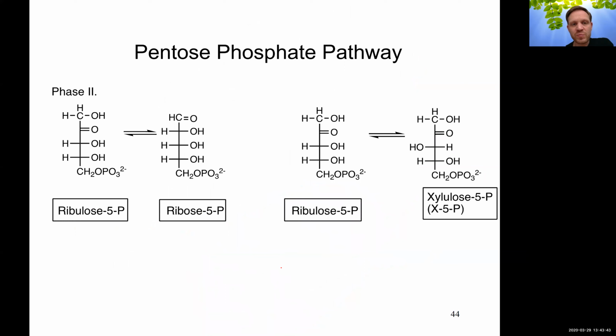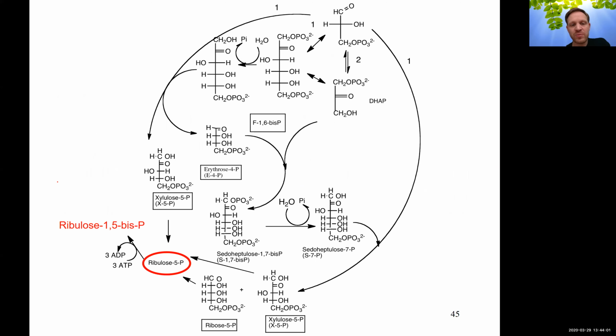Right? If you look at this now, you can use isomerization to convert xylulose to ribulose, and you can now convert ribulose to ribose. So we're good. We can make all ribose 5-phosphate. That's fine. But what we want is ribulose 5-phosphate and not ribose. So we just did this interconversion.